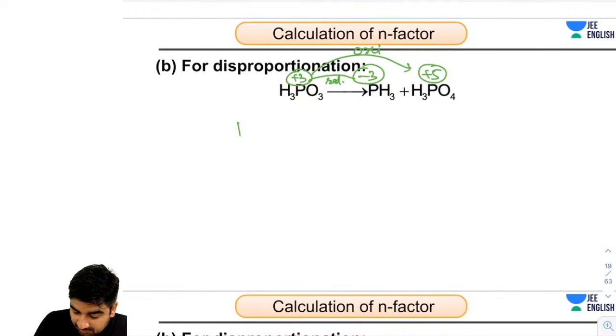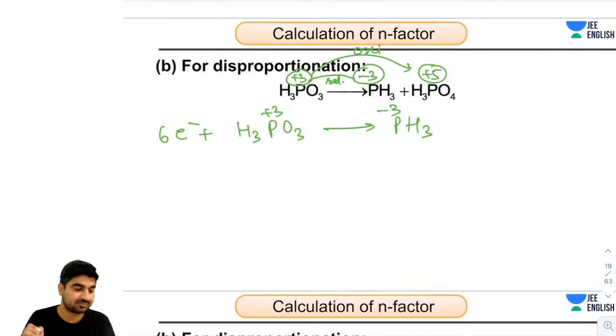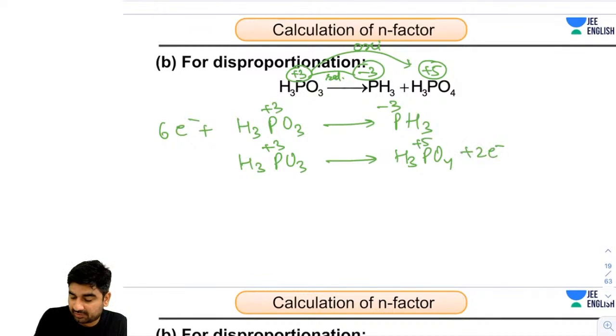So I will simply write H3PO3 giving you PH3. So +3 to -3, there is gain of 6 electrons. And then I will write H3PO3 to H3PO4, +3 to +5, so there is loss of 2 electrons.